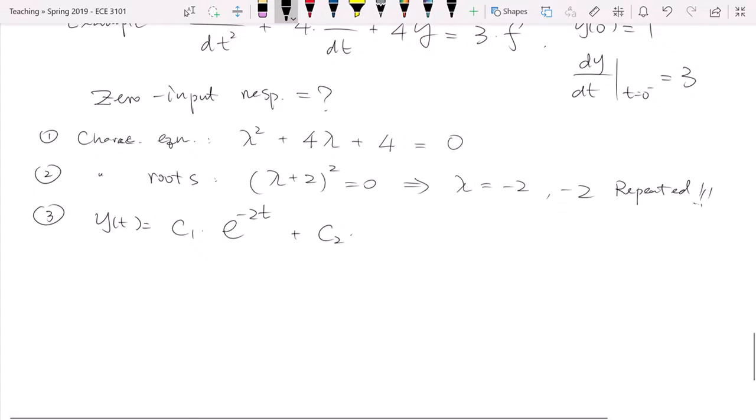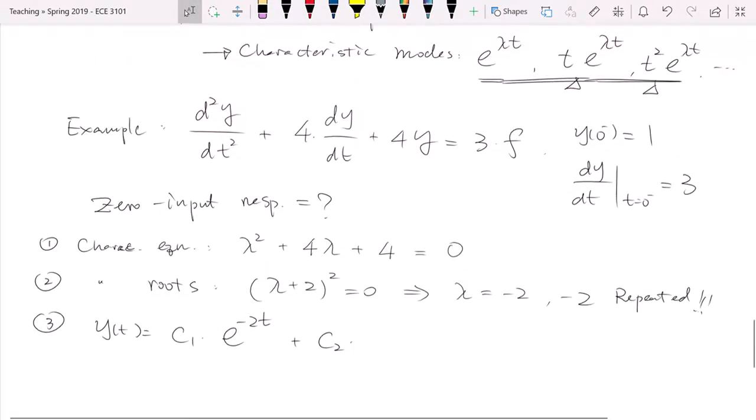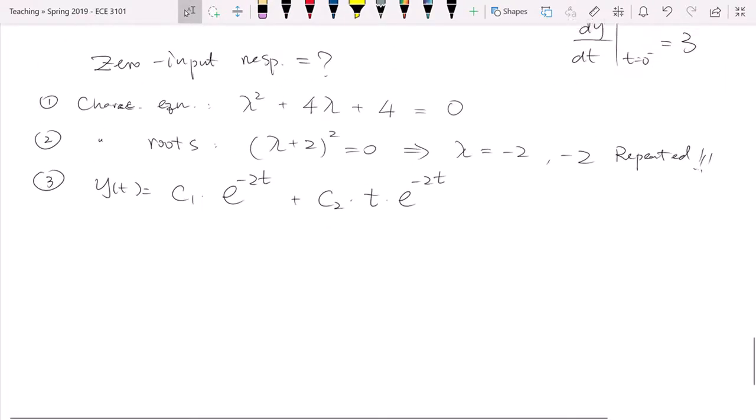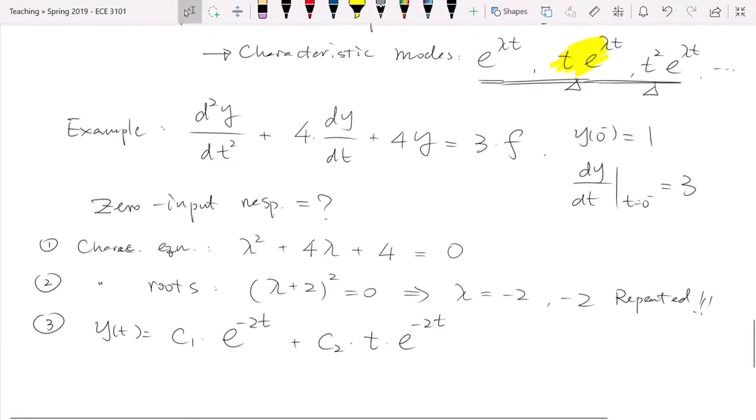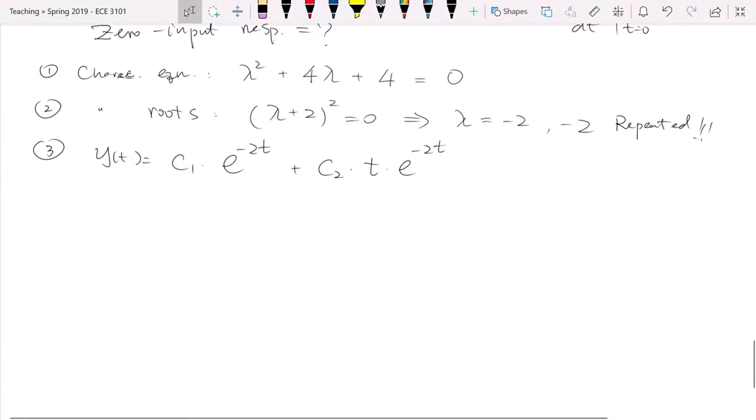And the second, as I mentioned earlier, we have to take this into account, so t times e to the negative 2t. And that's it. This is the only difference. Then step number 4, initial conditions will be plugged in.